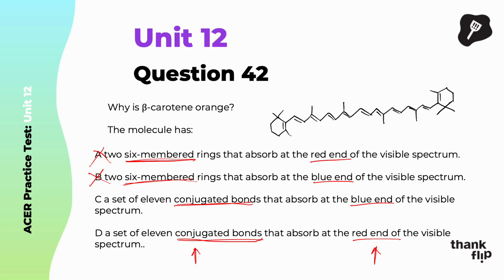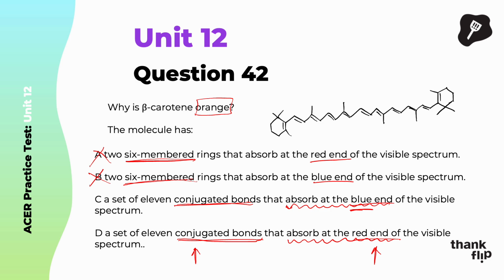And then we have what wavelengths they're absorbing. So why is it orange? Is it because it absorbs the blue end of the spectrum, or it absorbs the red end of the spectrum? It's helpful if you have some knowledge on the light spectrum, but even if you don't, you can infer that if a compound is absorbing the blue colors, then it's likely going to be reflecting the opposite end of that spectrum.